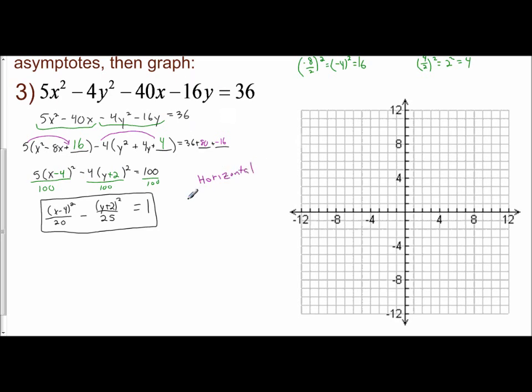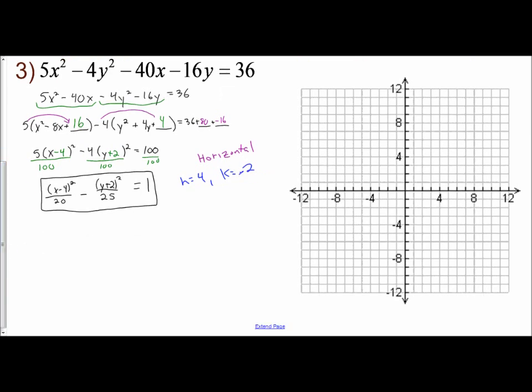So our h value we can see is 4, and our k value is -2, which means my center, the first thing I want to find, is located at the coordinate (4, -2). So let's do that. We're at (4, -2). There is my center.